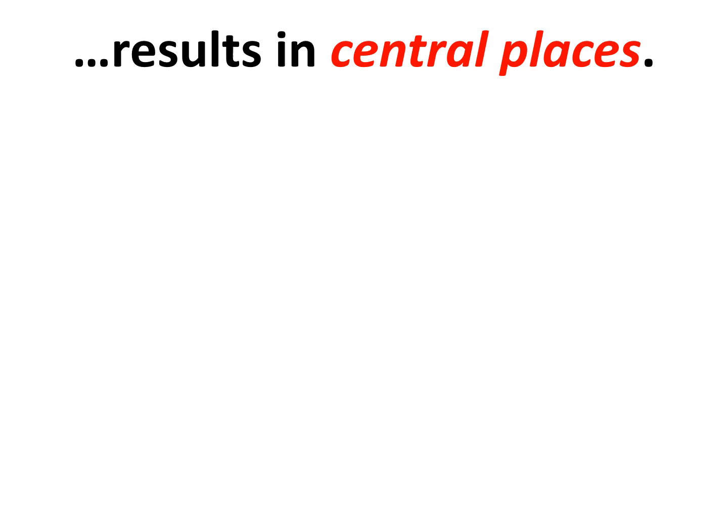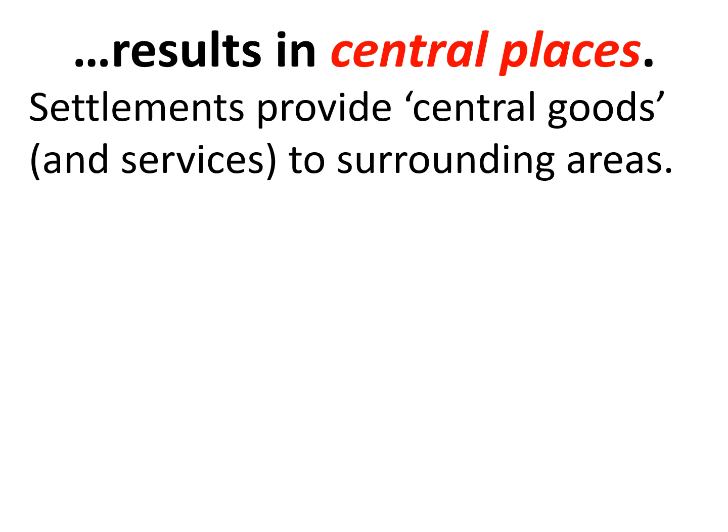So central places is like the generic umbrella term, right? And so settlements provide these central goods and services to surrounding areas. In his model, these settlements are basically just points, and they don't actually have more people in them. That just happens to be the place where a particular good or service is provided, right?